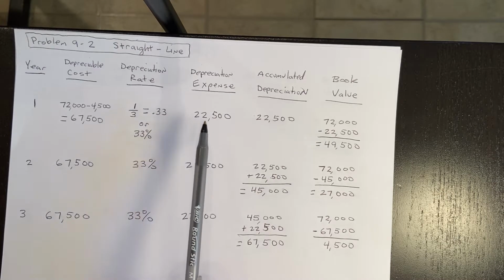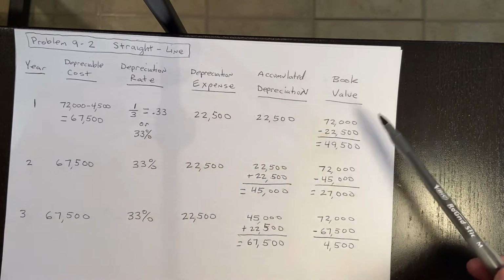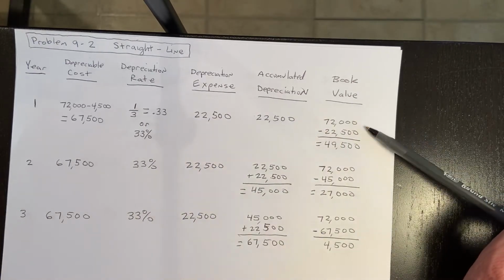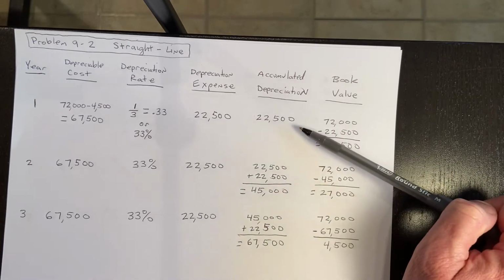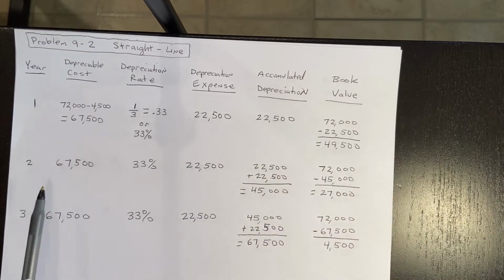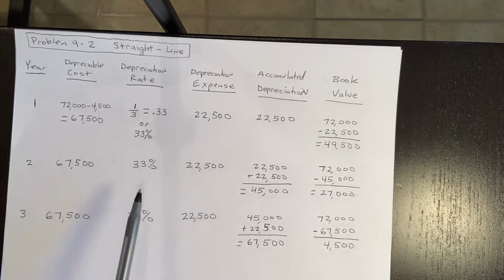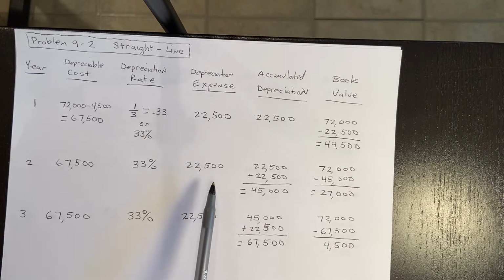In the first year, whatever you put here is going to be the same here, because you just bought it and you didn't depreciate it at all. Book value is always the cost minus whatever you have for accumulated depreciation. That comes out to 49,500. The next year, this would still be 67,500, this is still 33%, and this is still 22,500.